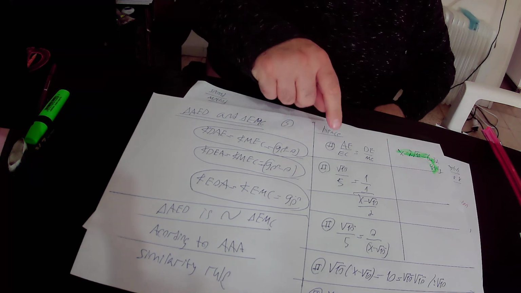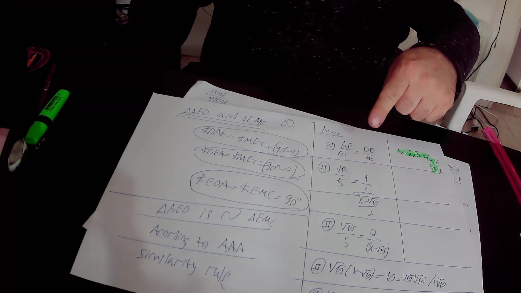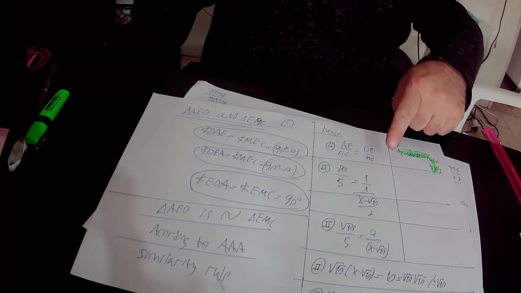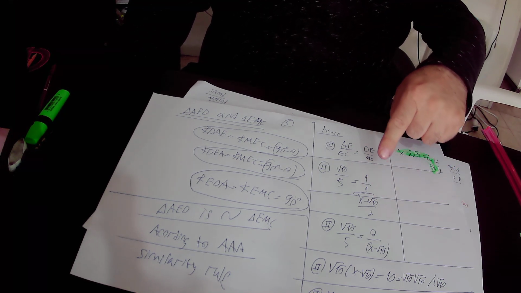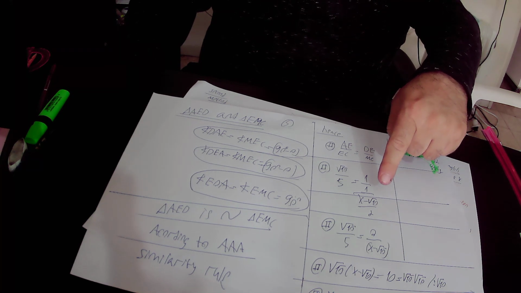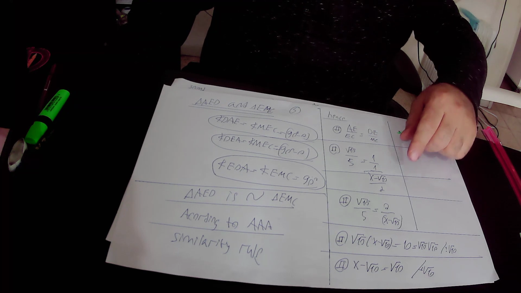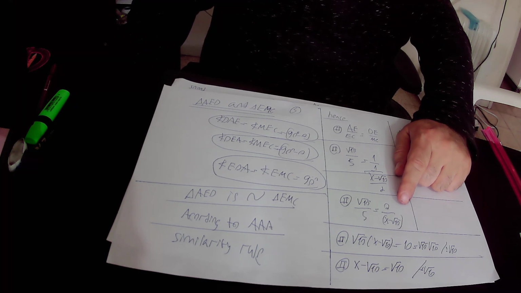Here AE equals square root of 10 units, EC equals 5, DE equals 1 and MC equals x minus square root of 10 over 2. Here we moved 2 to the numerator and x minus square root of 10 to the denominator. And we got that, according to equation number 2, square root of 10 over 5 equals 2 over x minus square root of 10.